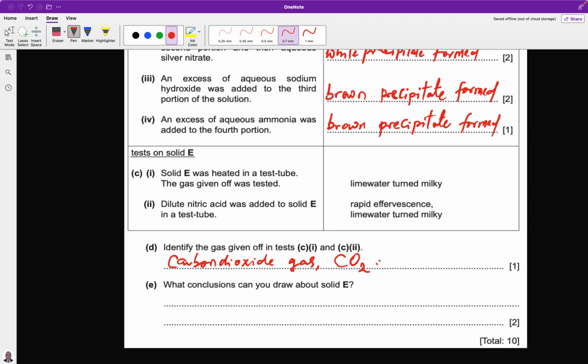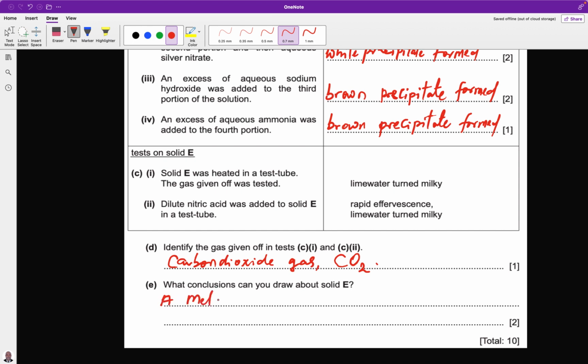That means it was carbon dioxide, implying that it was a carbonate. So we can conclude that it is a metal carbonate. Our conclusion is: E is a metal carbonate.